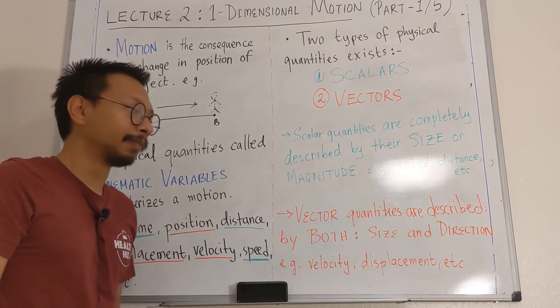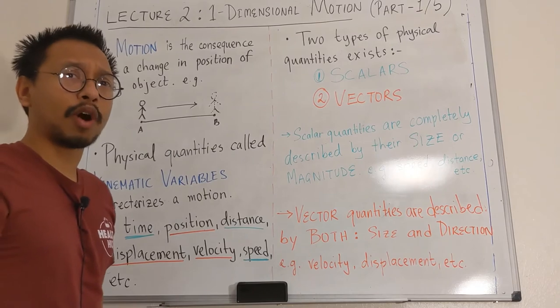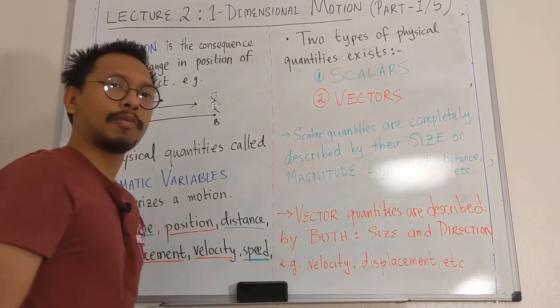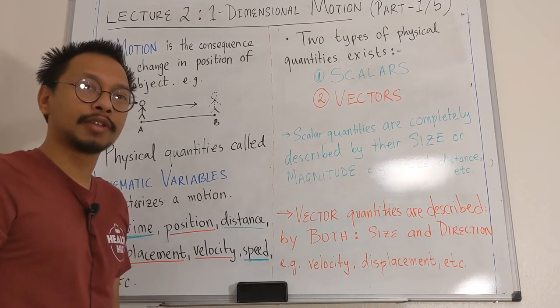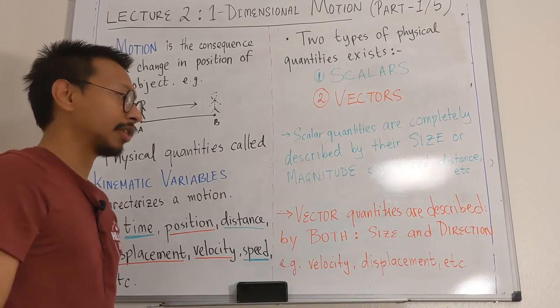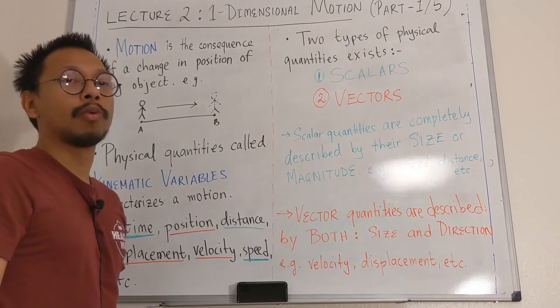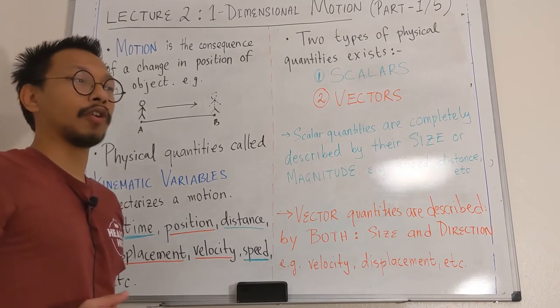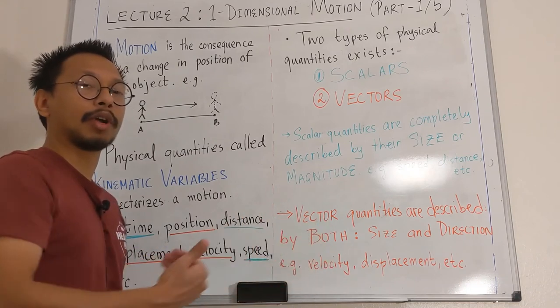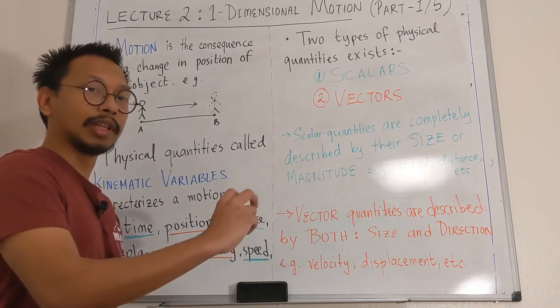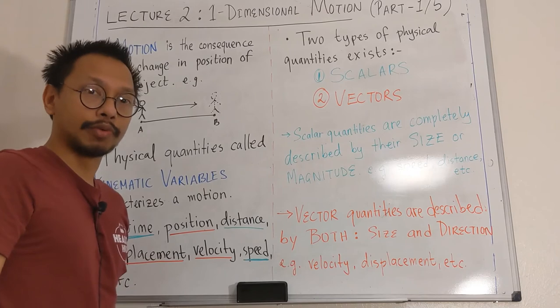When you say you have walked 5 meters from home and then back home another 5 meters, your displacement is actually 0 meters because you have gone in the forward direction 5 and then in the backward direction 5, and they sum to 0.